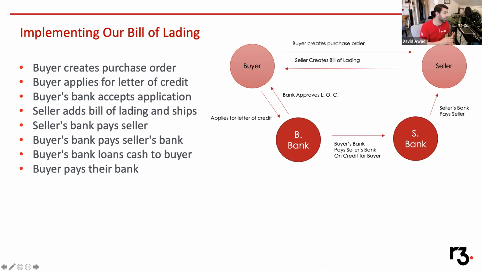So far, so good. Assuming the seller has shipped me my 1 million widgets, then the seller's bank pays the seller, and my bank pays the seller's bank on credit on my behalf. So no one is out of any money yet, but now I have credit that I owe to the bank, and the seller has been paid without us having to necessarily directly trust each other.